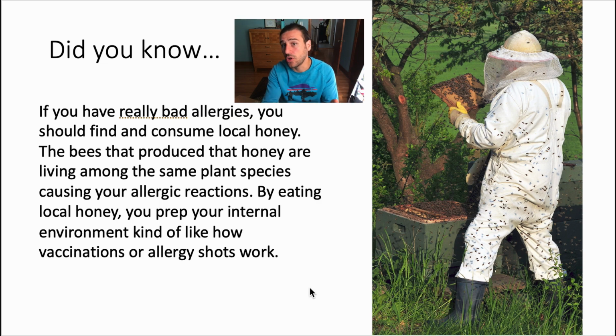So if you eat local honey, you're getting some of that local pollen, and your body is recognizing that pollen. It's kind of prepping your body to not attack itself and have an allergic reaction to pollen. So try that if you guys have seasonal allergies.